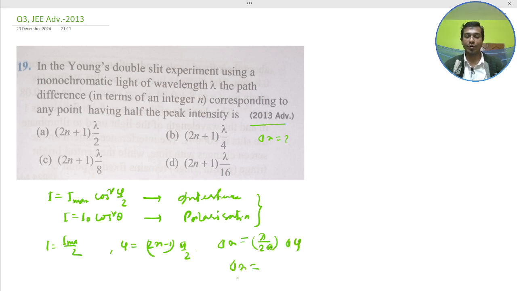So the path difference would become lambda by 4, 3 lambda by 4, that is (2n plus 1) lambda by 4, an odd multiple of lambda by 4. B would be our correct answer.